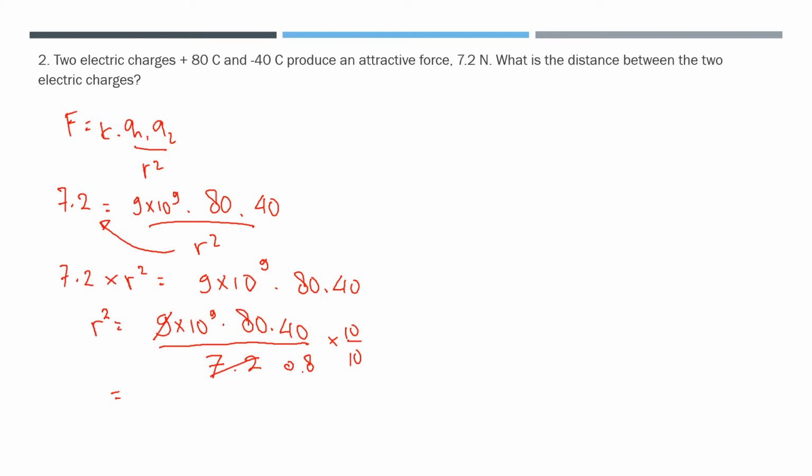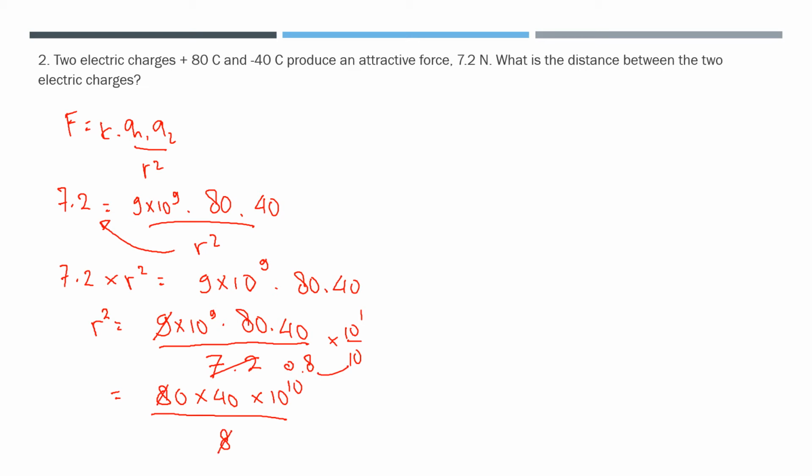So you get 80 times 40 times 10 to the power of 10, because this is 1 over 8. I multiply this by 10, then you can cross out the 8, and you get 10.